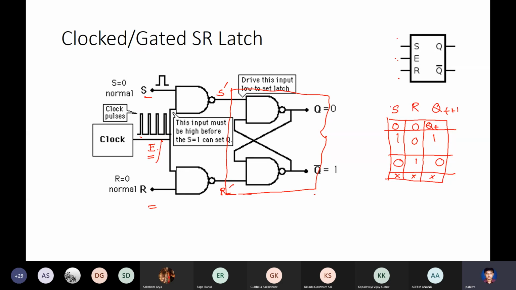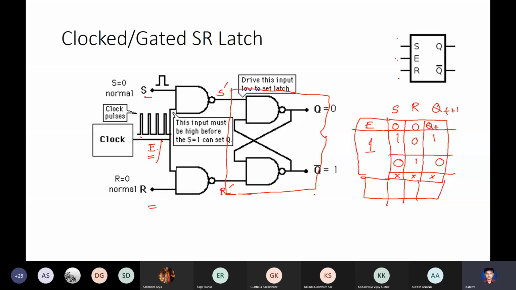So what we do is add an additional input called the enable input, and I do it in the following manner. Only when the enable input is 1, these actions will take place. This again you can easily check from this circuit.